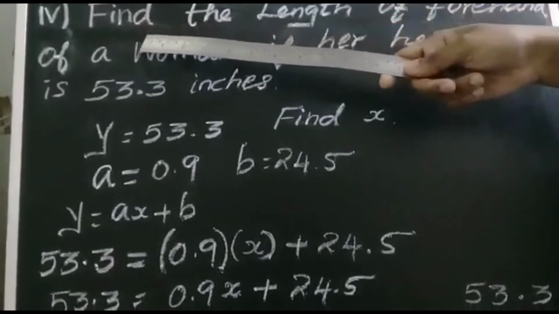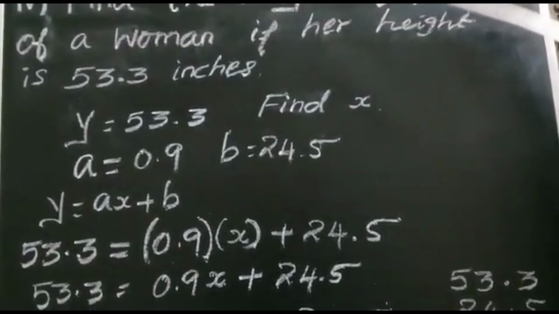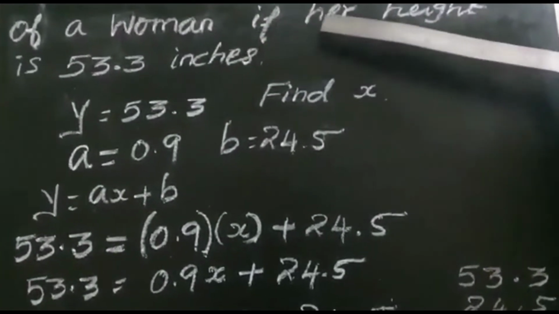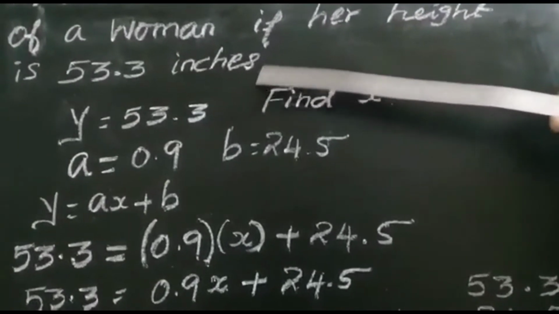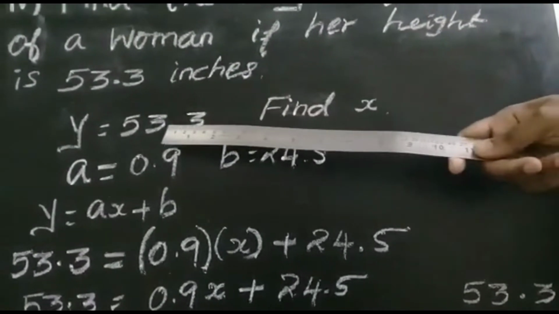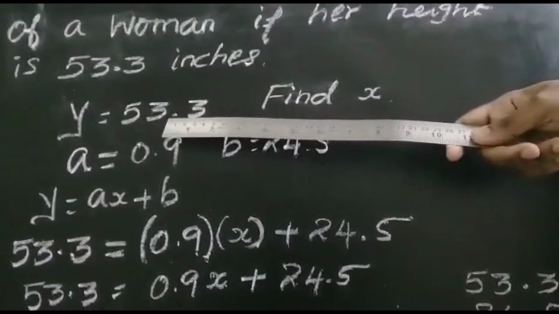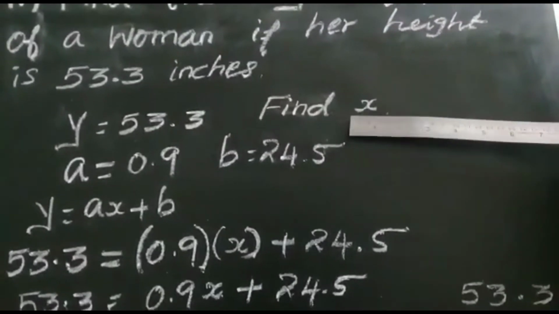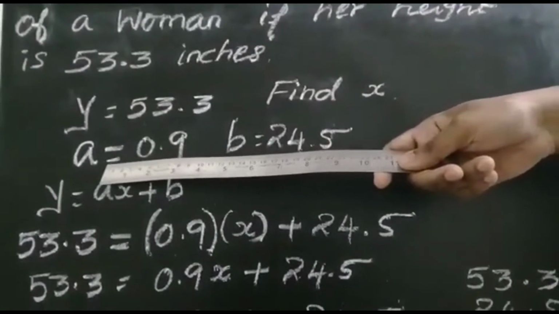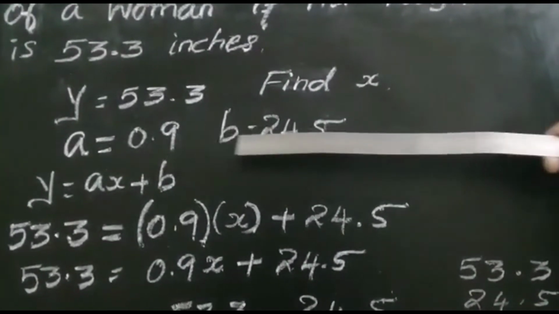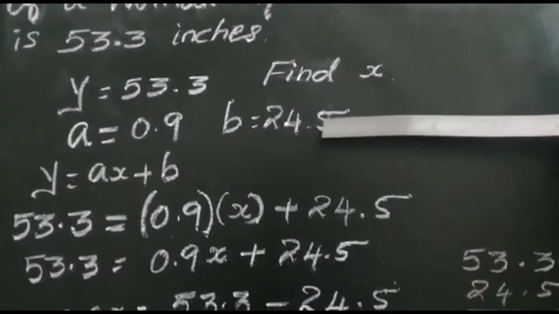Fourth question. Find the length of forehead of a woman if her height is 53.3 inches. Here the height of the woman is given, that is the y value, y equal to 53.3. You have to find the x value. Here you already found the a value, a equal to 0.9 and b equal to 24.5.